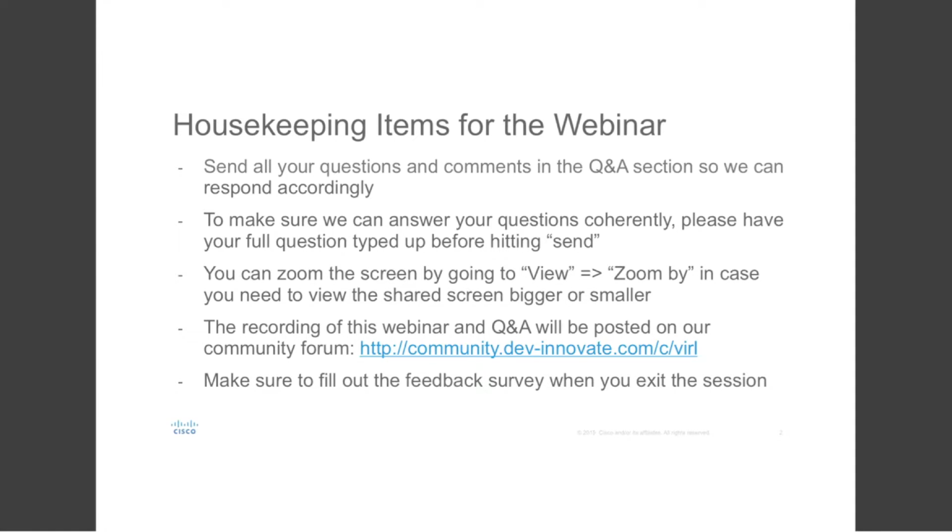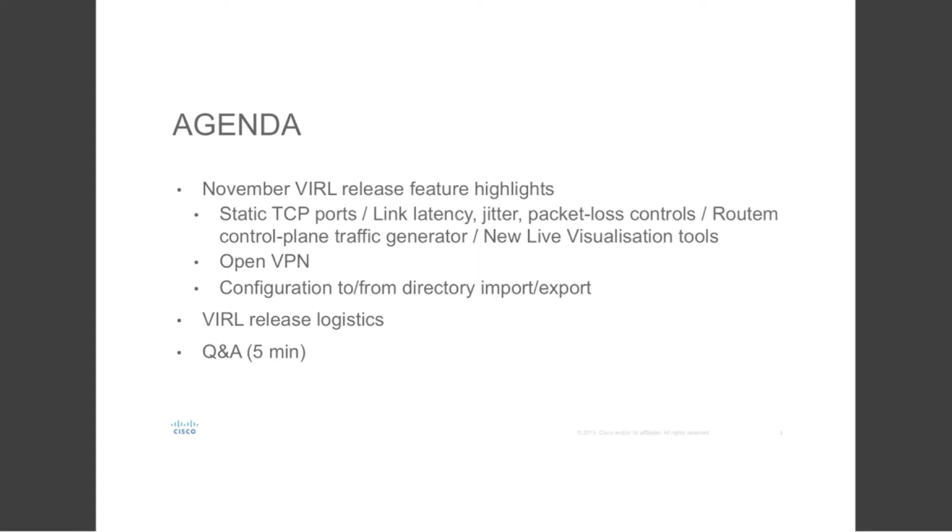We have a number of people who are going to be presenting today, so let's take a quick look at what we have in today's agenda. As mentioned, we have a new release, which is imminent. First, we're going to be taking a look at a series of features: static TCP ports, linked latency controls, a new traffic control plane generator, and also an update on the live visualization tools that I know many people have been experimenting with in our previous release.